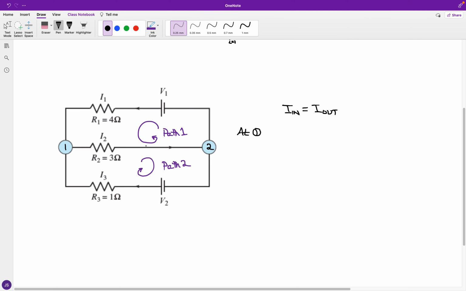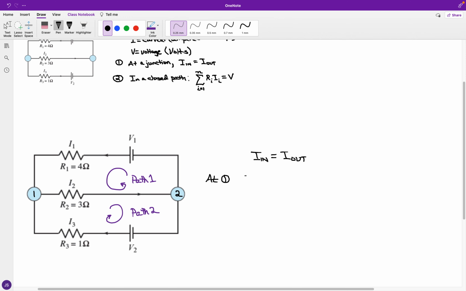But for the second current, notice by the right arrow, it is moving away. So in terms of what is going in, you have I1 and I3, and that which is going out is I2.